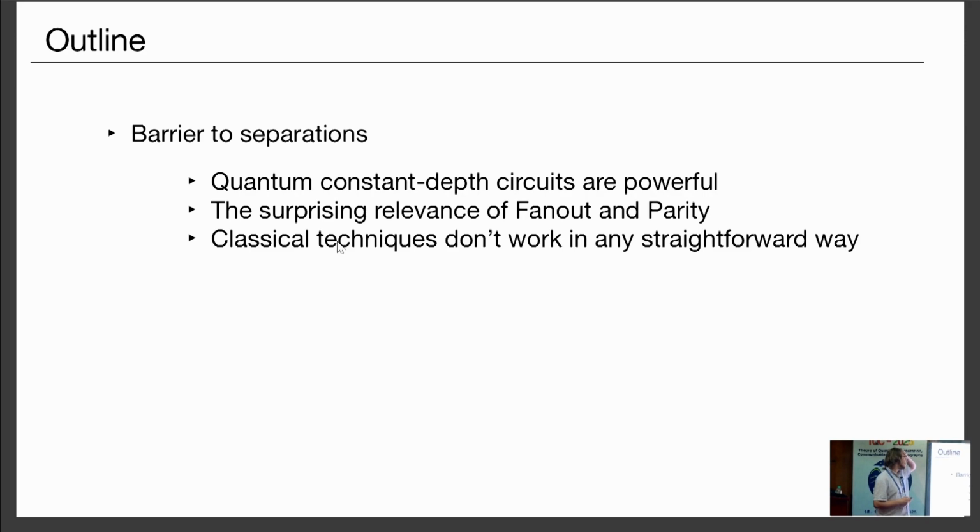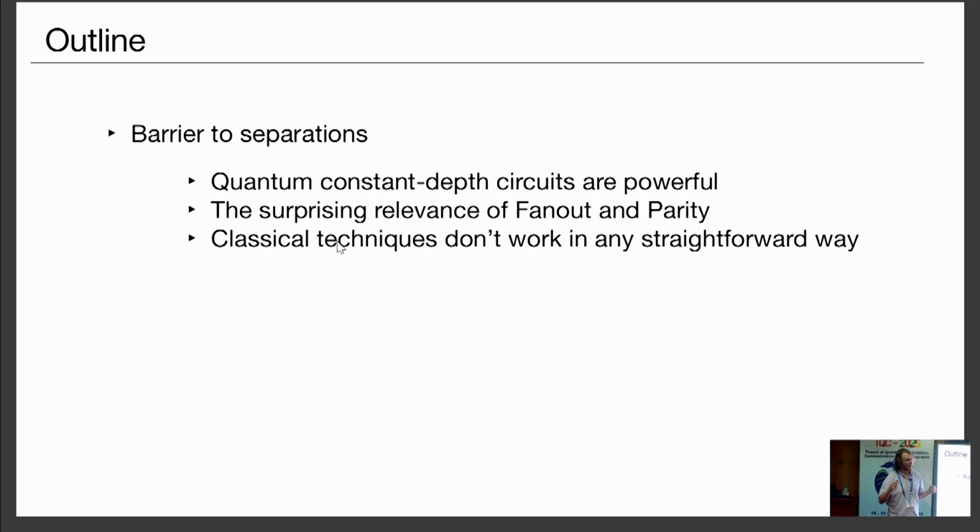Instead, we're going to ask some different questions. To reiterate, this question of QAC0 versus QAC0[2], so unconditional lower bounds on these constant depth circuit models, is notoriously difficult because, like I said, constant depth quantum circuits can do things that are very different from what's possible with constant depth circuits in the classical setting.